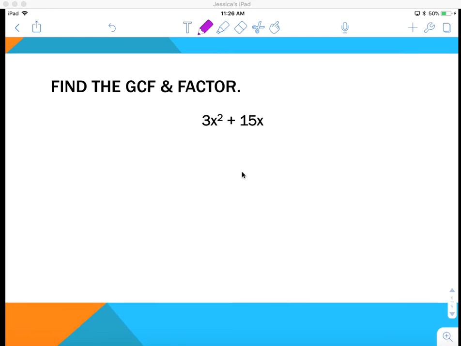Now we're going to take the GCF out, and we're going to see what's left. So this is kind of like backwards distributive property. First, looking at 3x squared and 15x, the biggest number that will go into both of those is 3, and I can take out an x from each of those. Remember from Unit 6 when we divided exponents, I'm going to divide both of these by 3x.